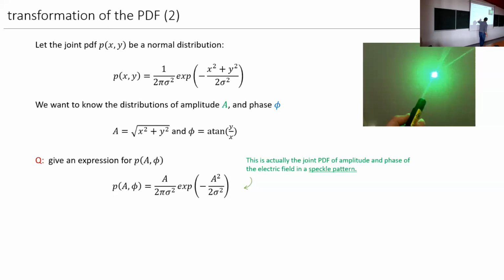And actually, x and y are the real and imaginary parts of the electric field, and this is the joint probability density function of the amplitude and phase of the electric field in a speckle pattern in OCT, and the speckle pattern that I would get by shining a laser on a rough surface, where you would also see the granular pattern. It follows these amplitudes and phases.